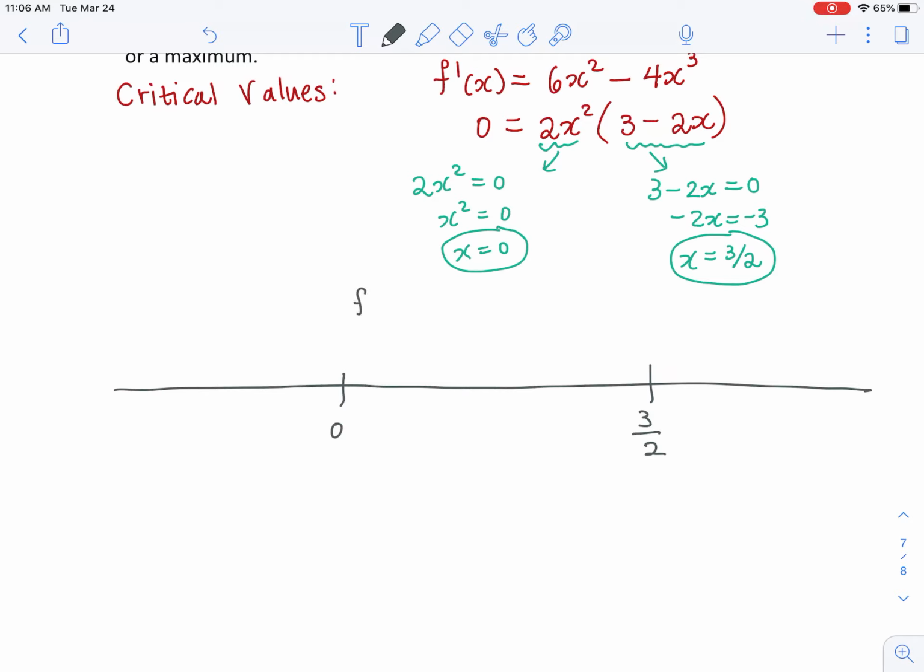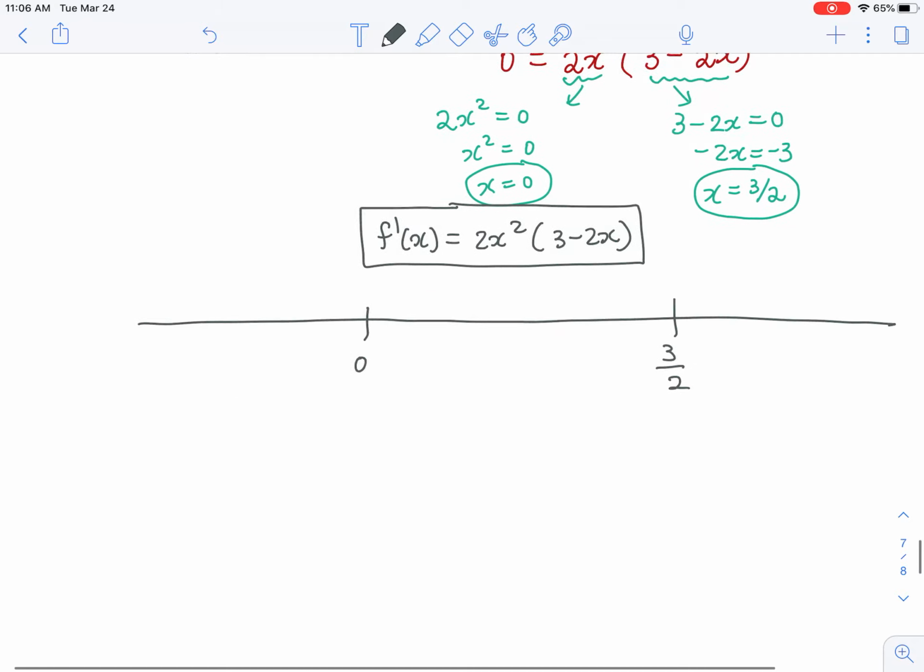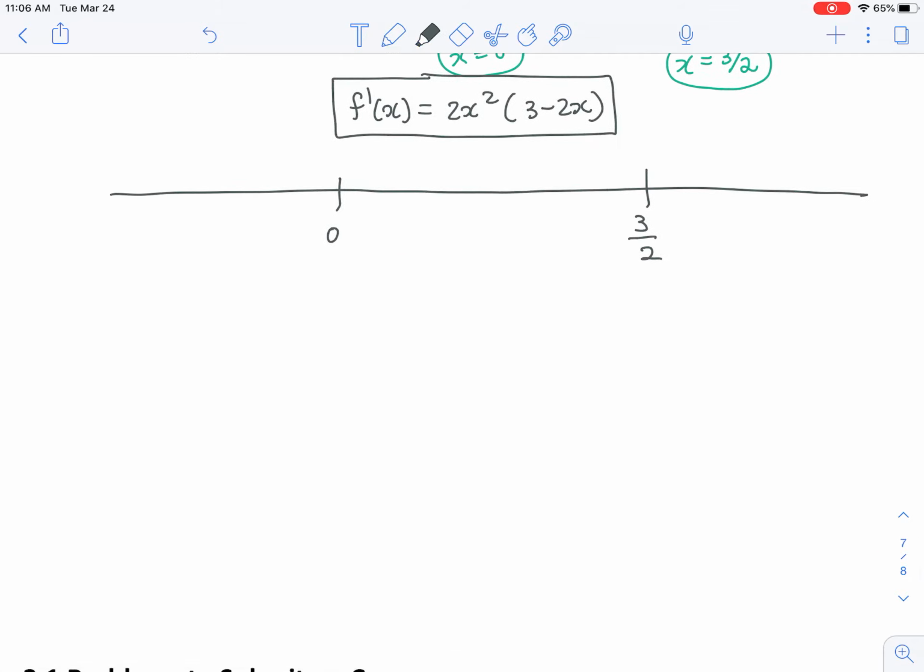F prime of x is 2x squared times 3 minus 2x. I am going to use this derivative to find the signs, okay? So you ready? Let's plug in something to the left of 0. Any number that's negative will work. Let's find f prime of negative 1. 2 times negative 1 squared times 3 minus 2 times negative 1.